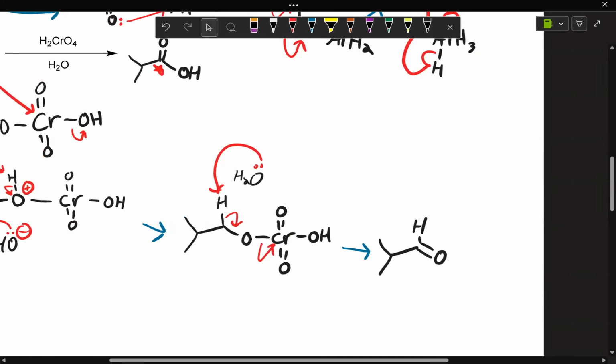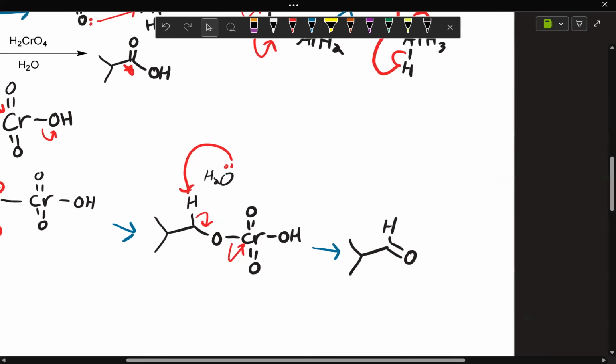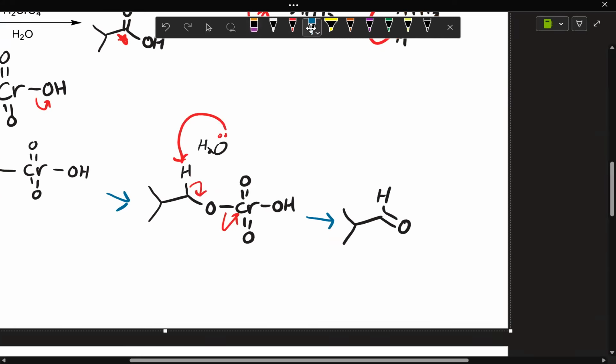And now let's turn it into a carboxylic acid. So we're going to want a water to attack, but we're in acidic conditions. So if we would have water attack right away, that would create a negative charge onto this oxygen. We're in acidic conditions, so we don't want that to happen. And also water is not a very good nucleophile. So let's first make this a better electrophile.